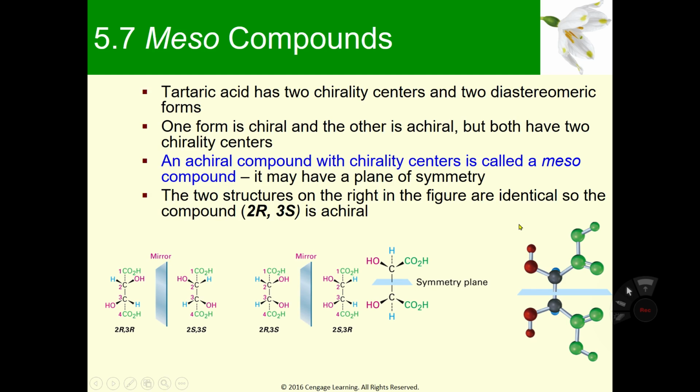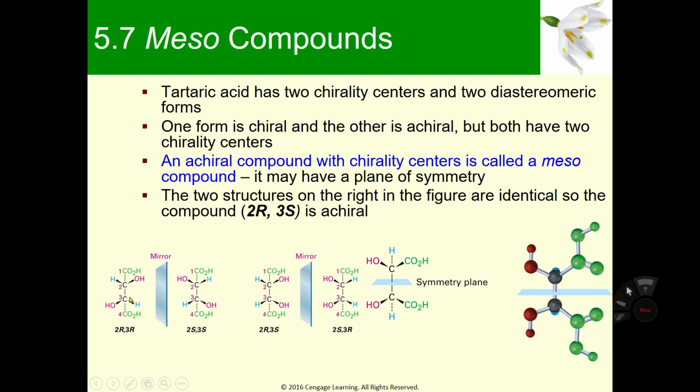Let's take a look at other examples here. In this case, it has slightly different structures, right? It's not a threonine, but we can still put the numbers here, 1, 2, 3, 4, and we know there are two chiral centers here. This is chiral, this is also chiral. So we can think of R and S for carbon number 2 and carbon number 3.